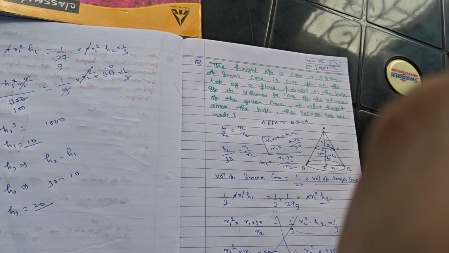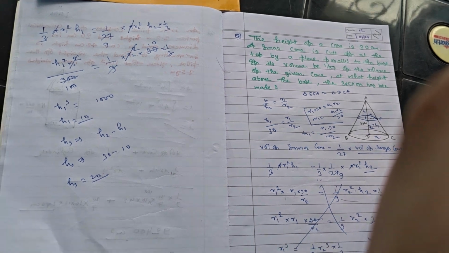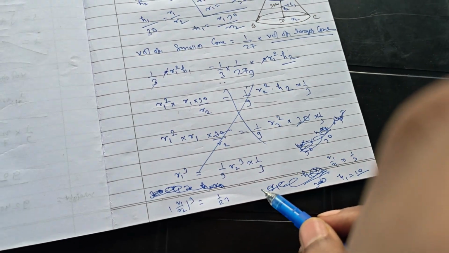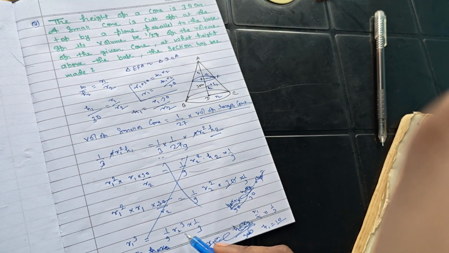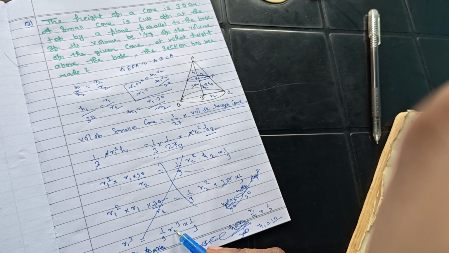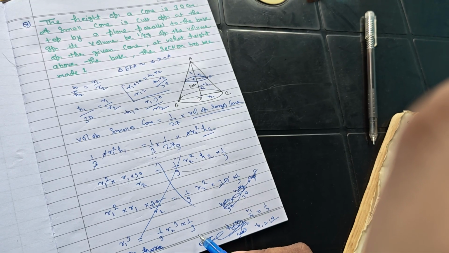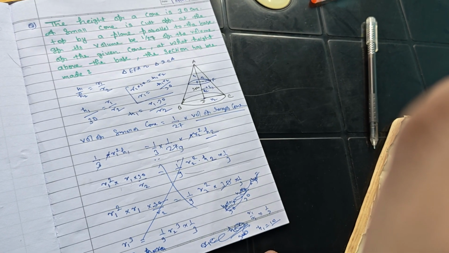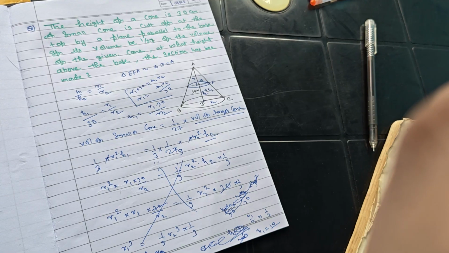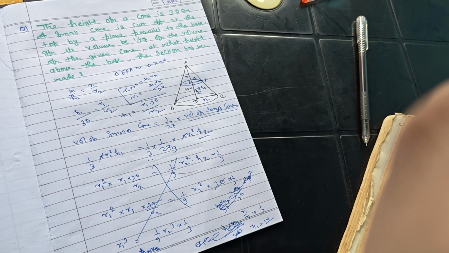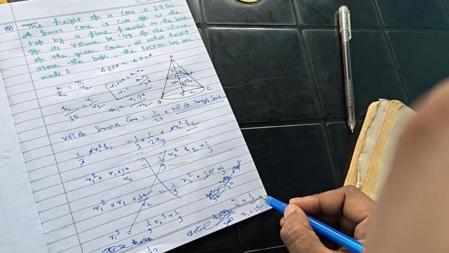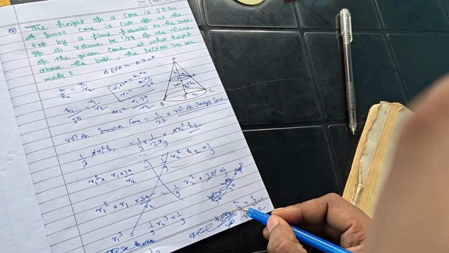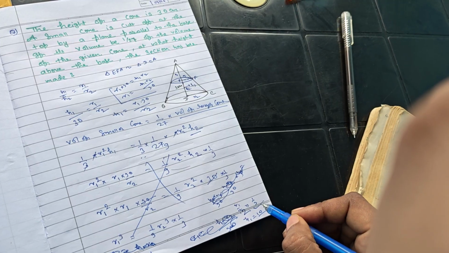Even we can find out in terms of r1: 1 upon 3 into r1 cube, r2 cube, 1 upon 9 into 1 upon 3, that becomes 1 upon 27. r1 by r2 whole cube is 1 upon 27, so r1 upon r2 becomes 1 upon 3.